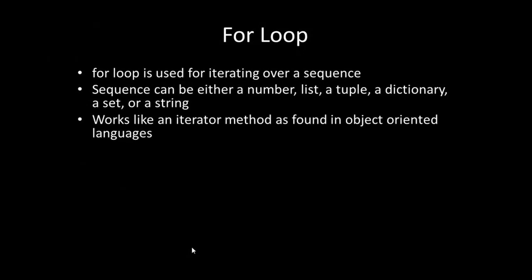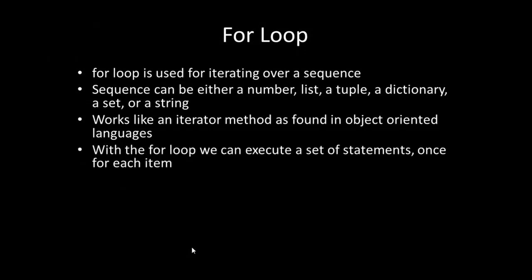One is you can use it as an iterator method as we find in C sharp or in Java, where you have a list or a dictionary. You can use for loop to loop through the items, right? Or you can also use it to loop a specific number of times. Okay, so we will see that also.